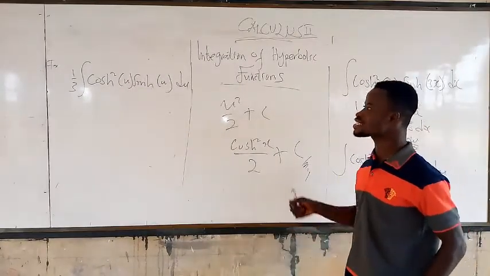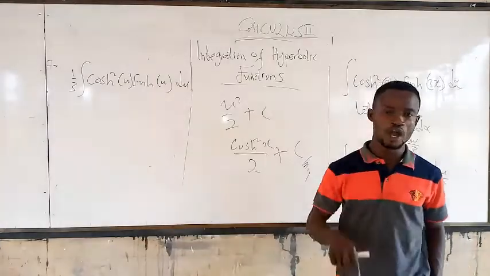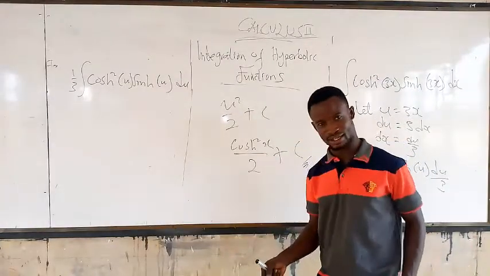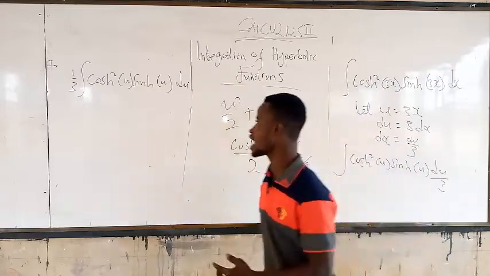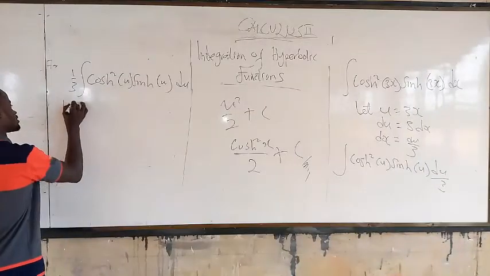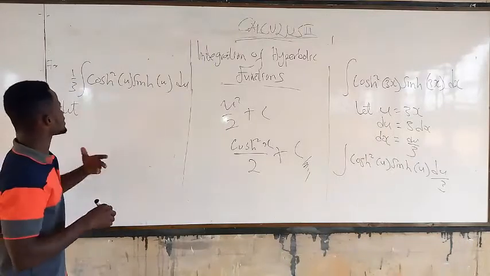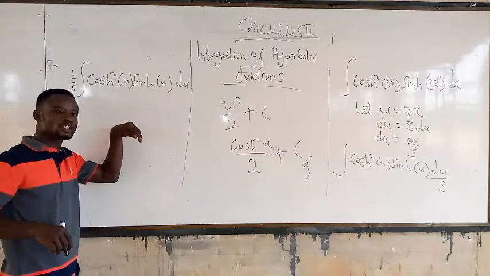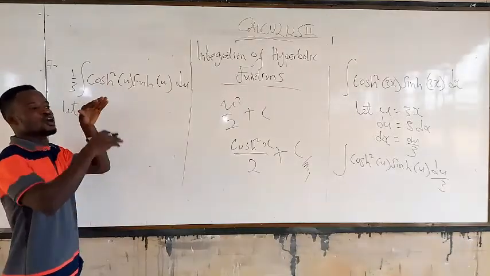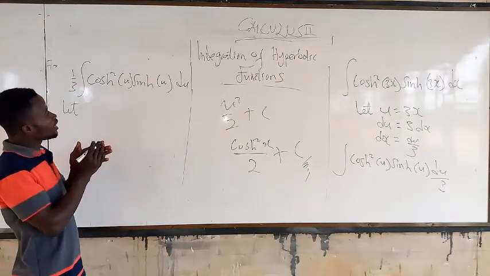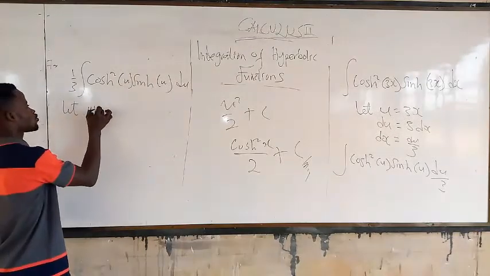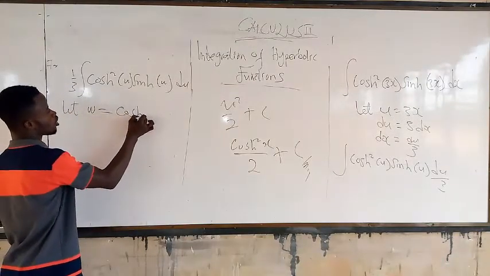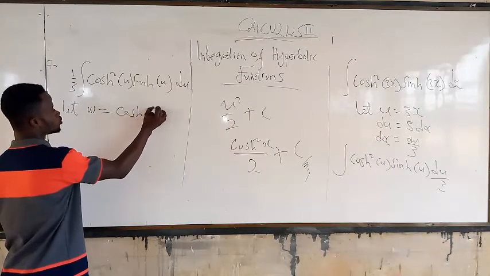But here, since we have already used u, we can't use u again. The fact that we use substitution doesn't mean it's always u. So here, we can choose to let, in the same way, we have a function and its derivative inside the integral. So we set w equal to cos u.